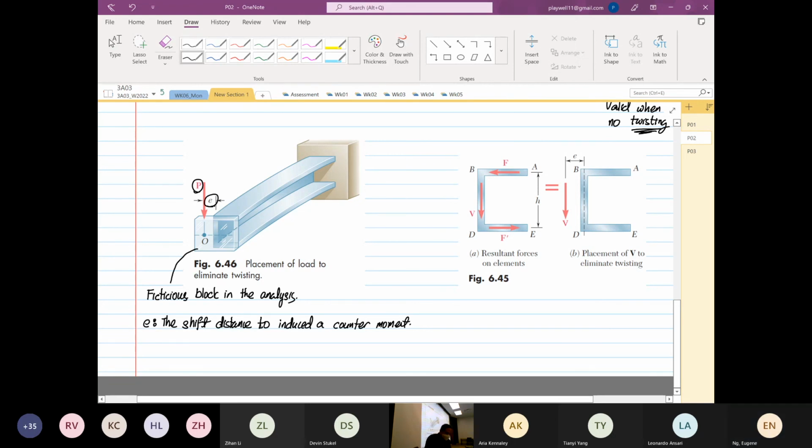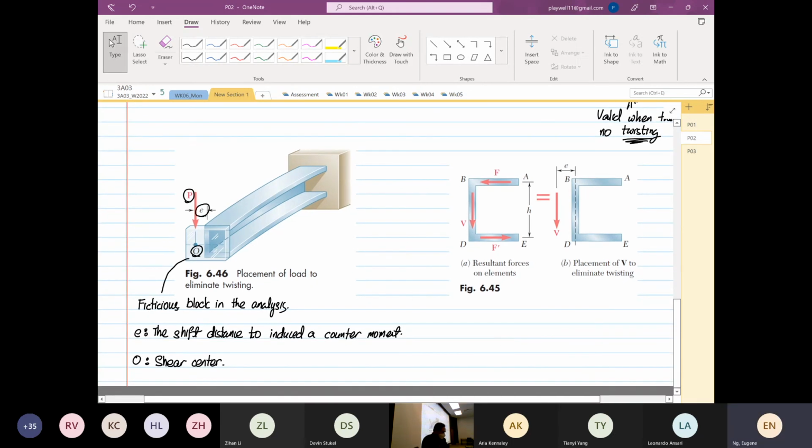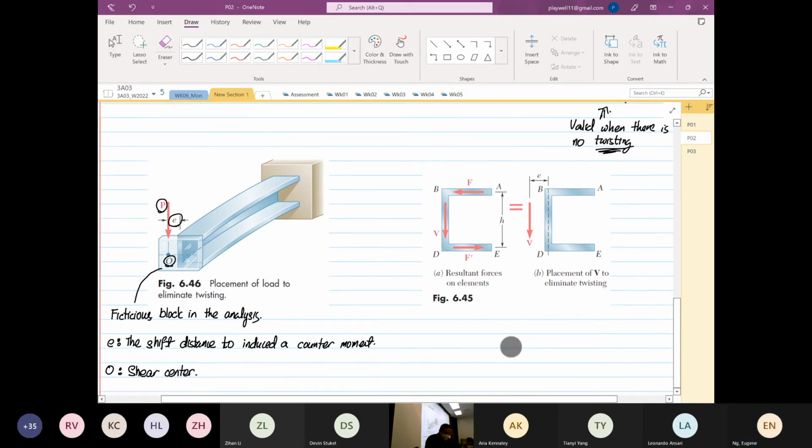Okay, so O, as you can see over here, is known as our shear center. Right. So what we are trying to achieve is this.